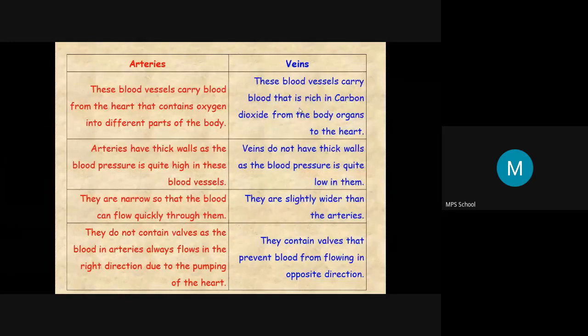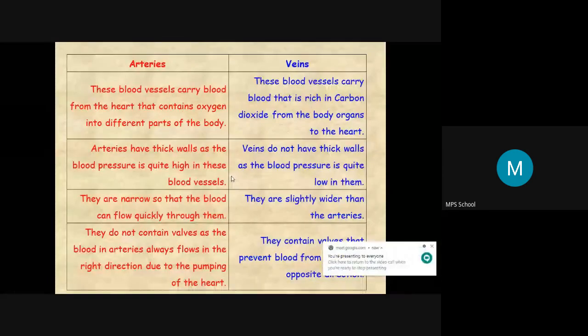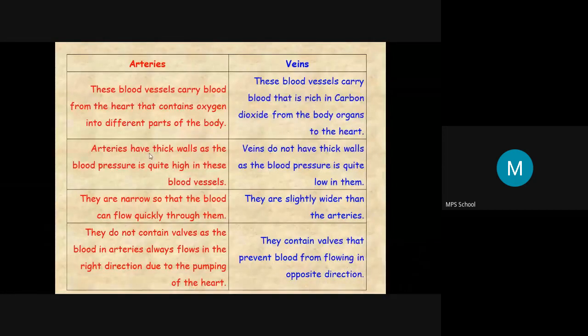Veins carry the blood that is rich in carbon dioxide from the body organs to the heart. And arteries have thick walls as the blood pressure is quite high in these blood vessels, and veins are thin as compared to the arteries. Arteries are narrow so that the blood can flow quickly through them, and veins are wider than the arteries.